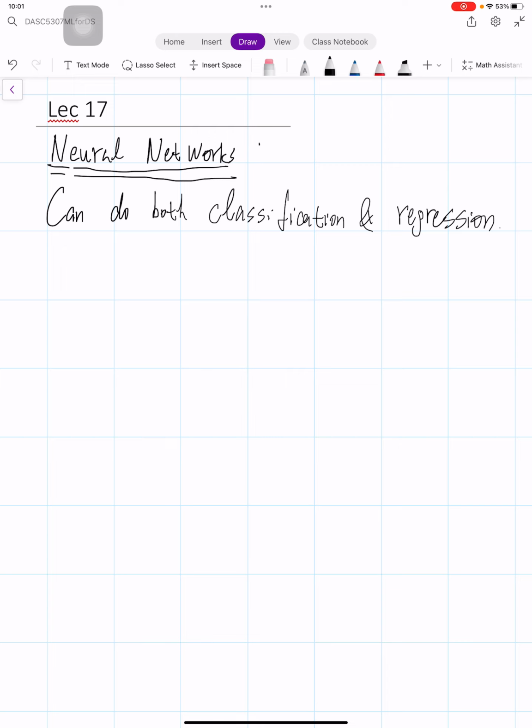So actually, the idea of the neural network is not new, but it went through several what they called AI winters in history.